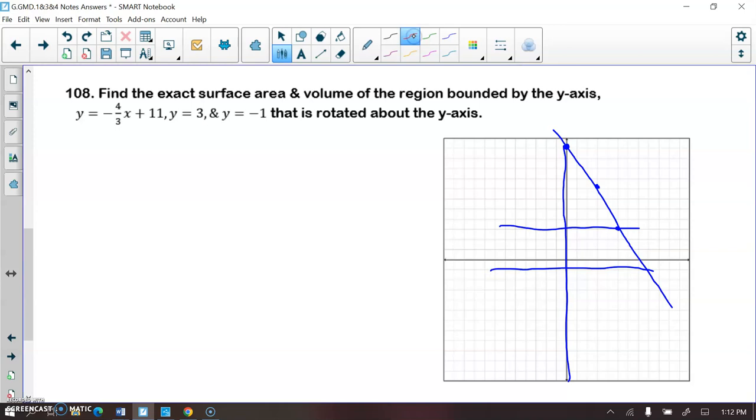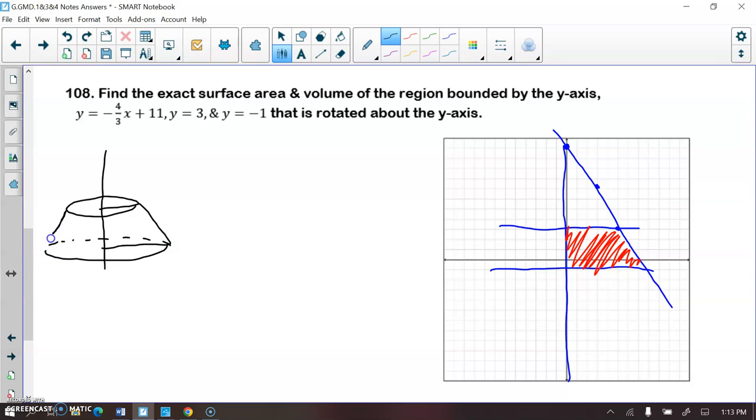So the region that is connected to all 4 of those blue lines is this region here, and I'm rotating it about the y-axis. So this is what it looks like. So I'm really dealing with the frustum.